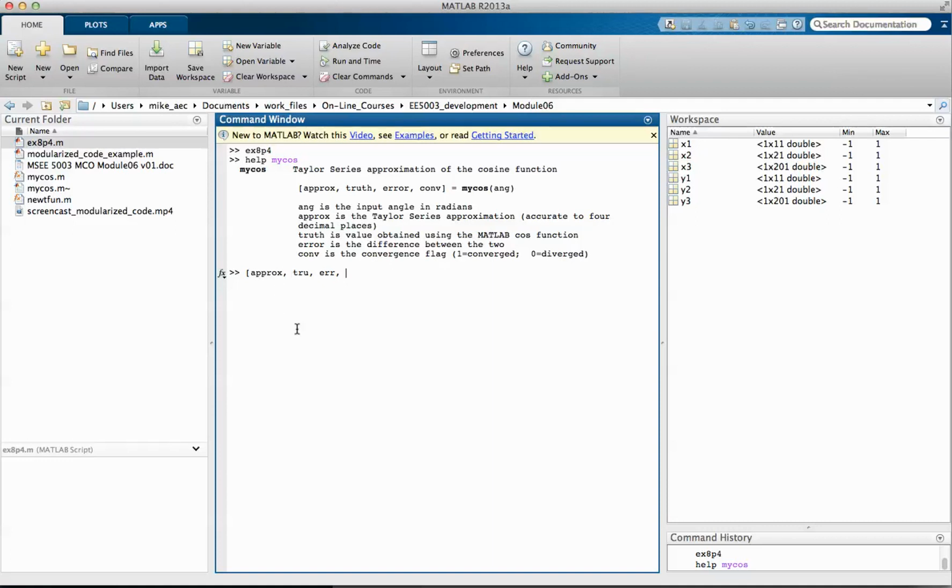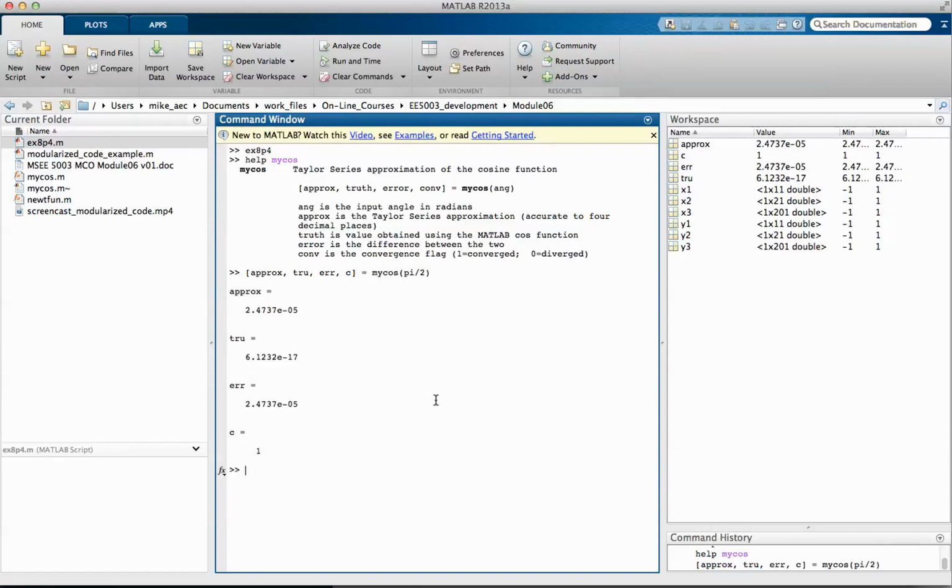That's perfectly fine. I'll make it C for convergence. Then my cosine, let's see, let's do pi over 2, because we know that's supposed to be 0. Cosine of pi over 2 should be 0, and see what happens.